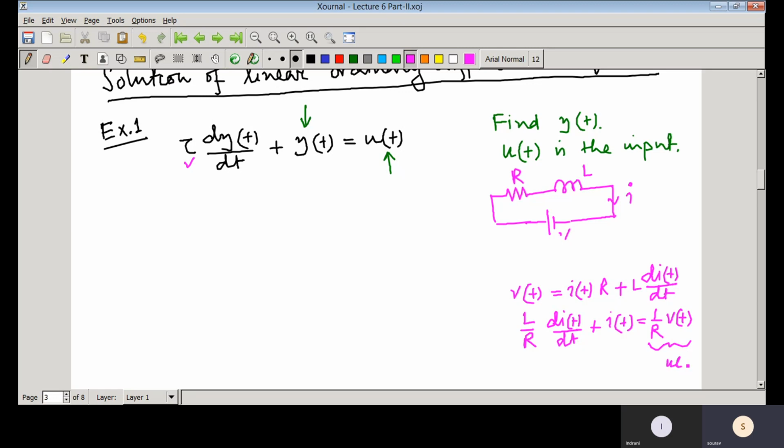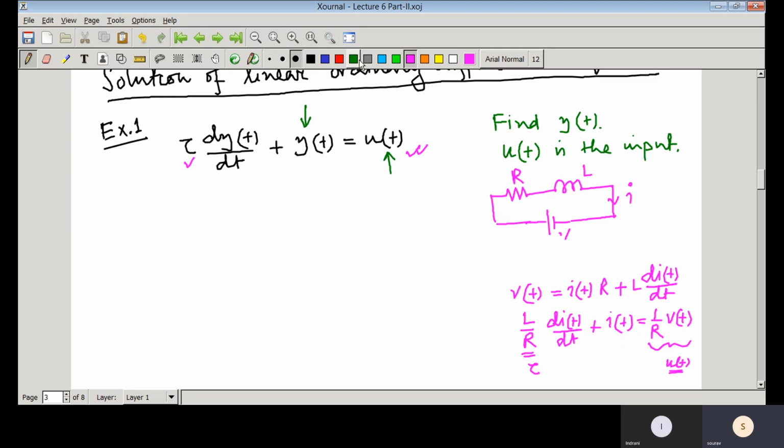If you represent the right-hand side as u(t), L/R is just tau, and i(t) equals y. Then you can see that this particular differential equation comes in this form. The first order differential equation that I have taken has many physical interpretations, but now we are just going to find what y(t) is whenever the input is u(t).